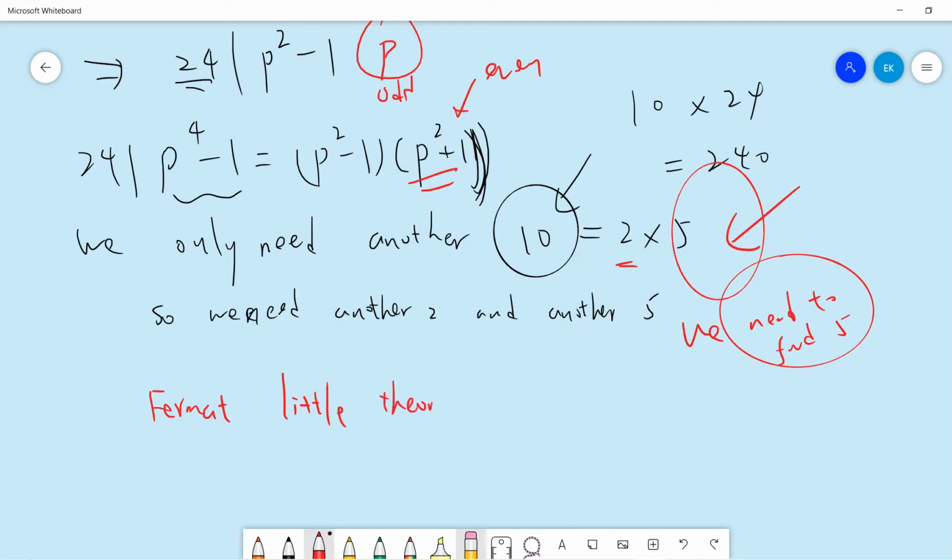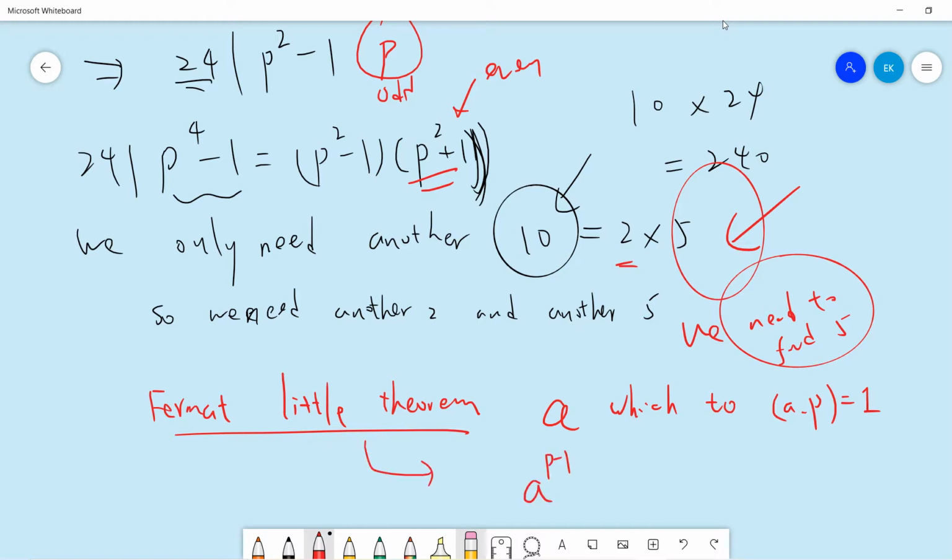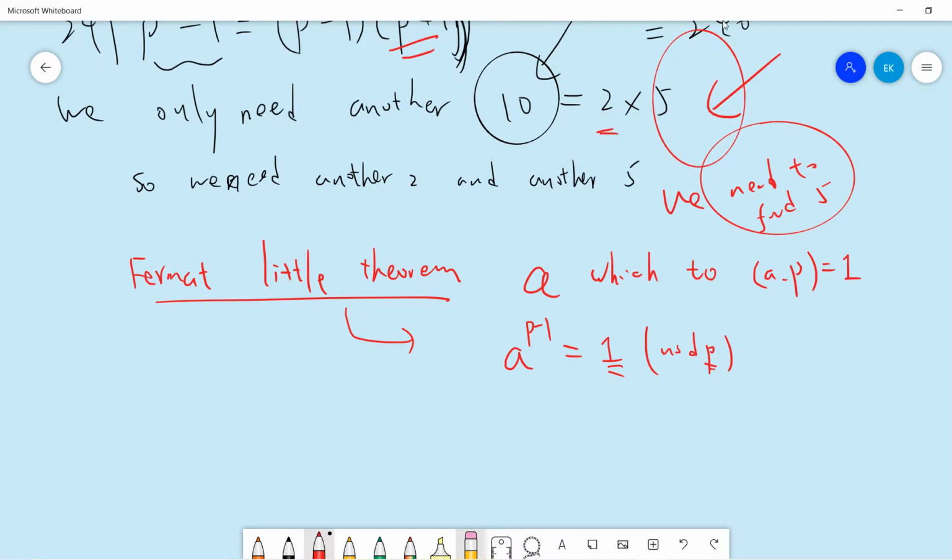If you don't know what Fermat's little theorem is, you can check out the link I will put here. Fermat's little theorem says that if a is coprime to a prime p, then a to the power p minus 1 is congruent to 1 mod p, so the remainder must be 1.